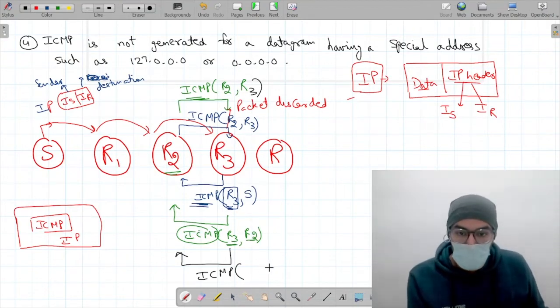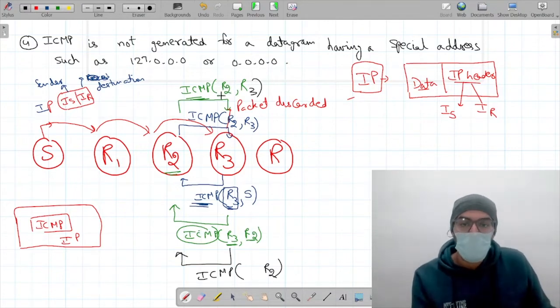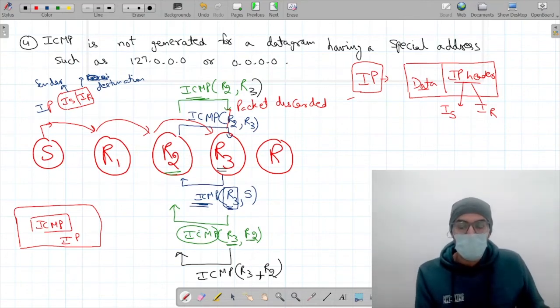So it is going to send the message to R2 because the initial sender of this packet was R2, and the message is sent by R3. So the initial source of this ICMP message in black color is R3.